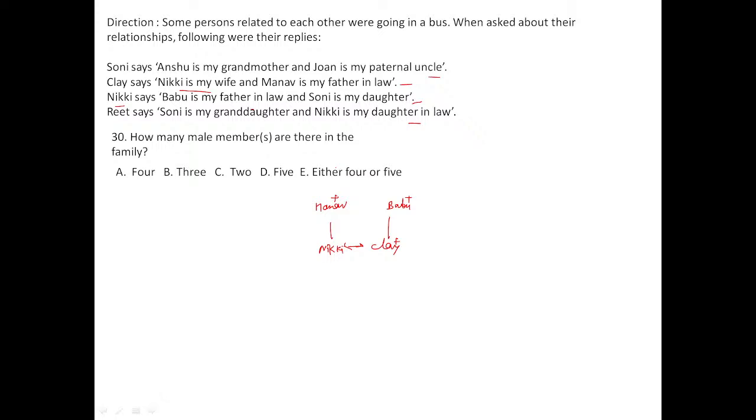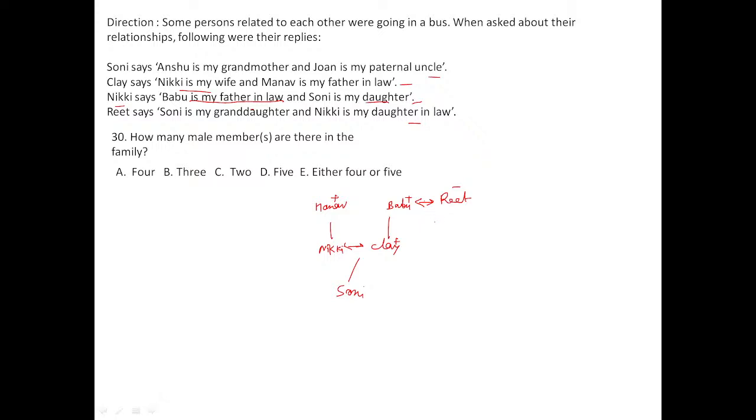See, Nikki says Babu is my father-in-law and Sony is my daughter. Okay, fine, Sony is my daughter. Now see, Sony related information is there. Reet says Sony is my granddaughter and Nikki is my daughter-in-law. So if Nikki is daughter-in-law, then Reet obviously is the mother of Clay, right?